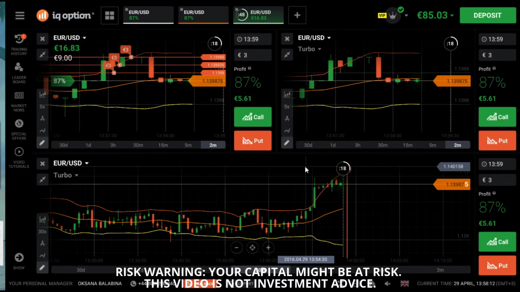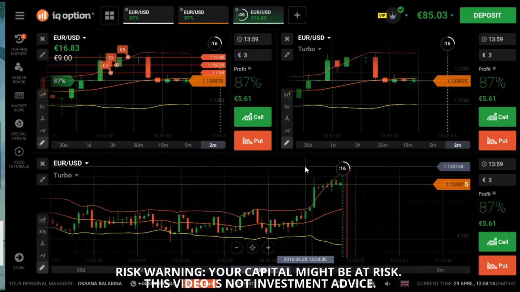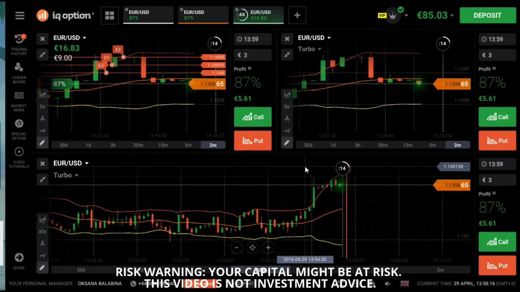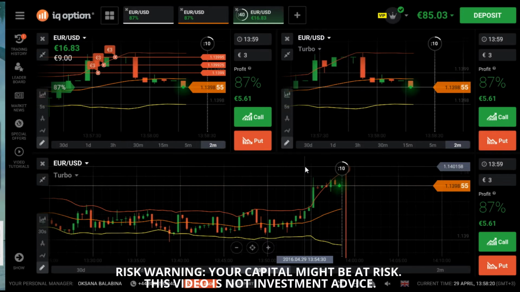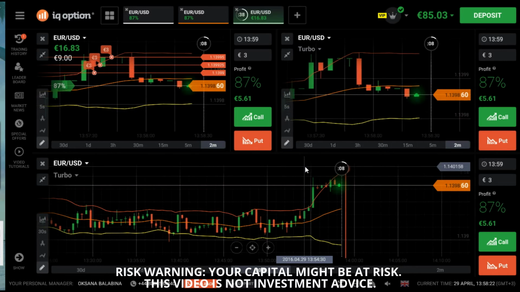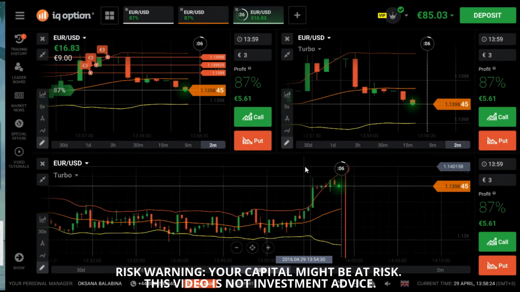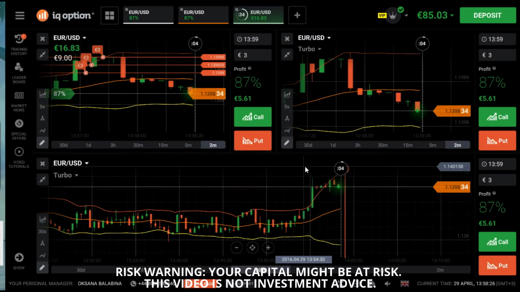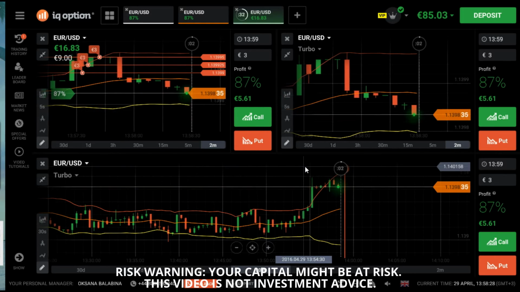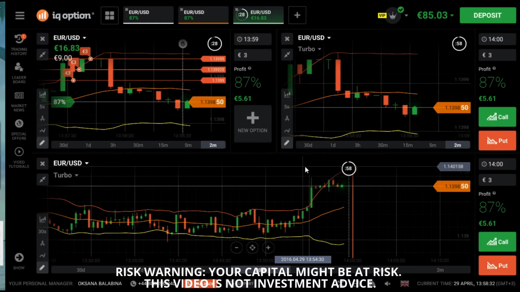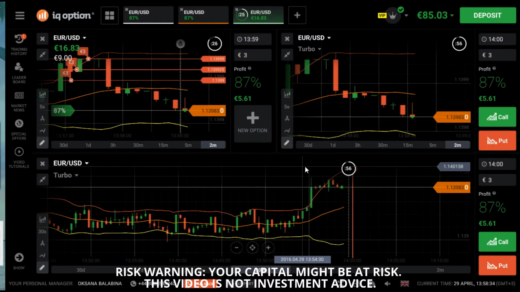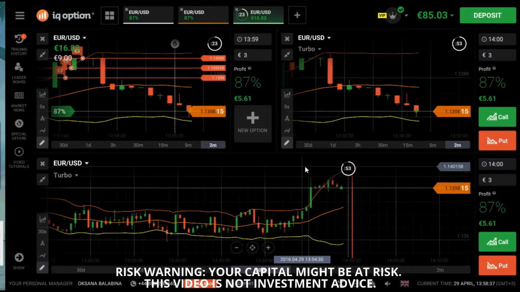So I'm winning on my primary window, and still balance is okay. It's within good range. So I'm winning on the primary window.